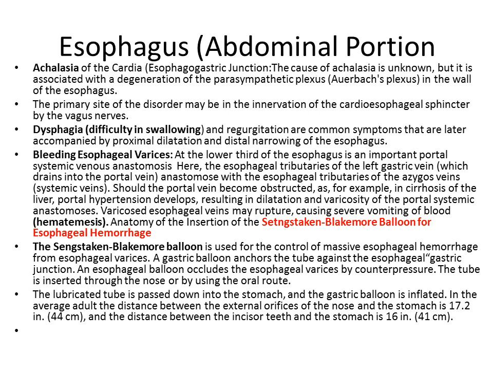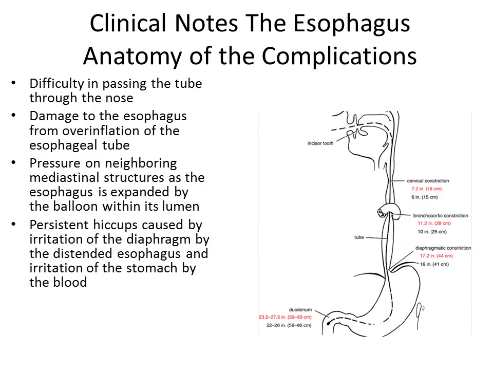The distance between the incisor teeth and the stomach is about 16 inches, or 41 cm. This figure shows the distance variation from the lips or from the canine, so you can know about these distances.